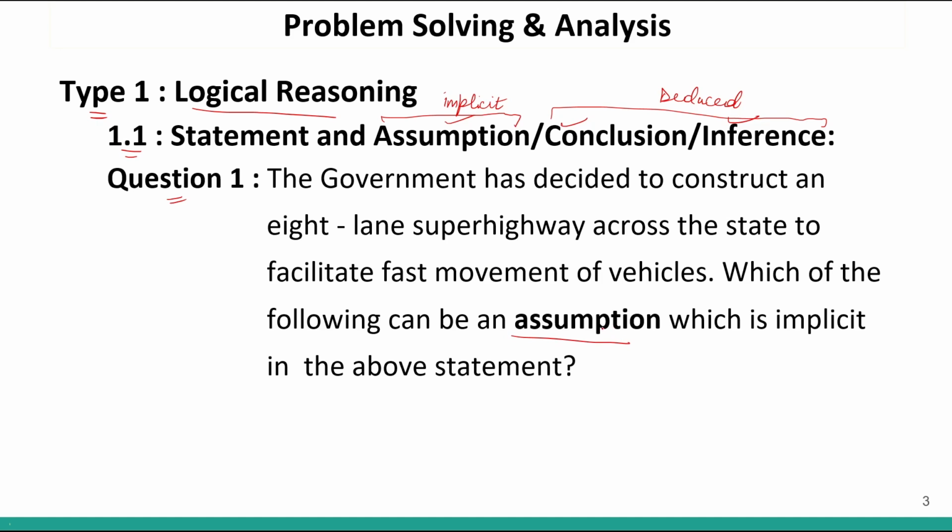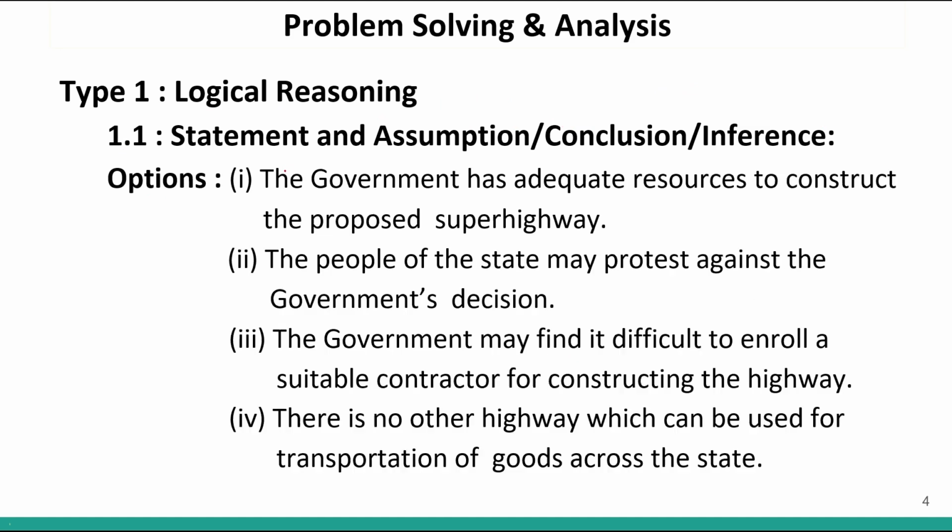implicit or true. Now, the government has decided to construct an 8-lane superhighway across the state to facilitate fast movement of vehicles. So this is the statement that the government is planning to make an 8-lane superhighway. We have to identify which of the following assumptions are implicit.